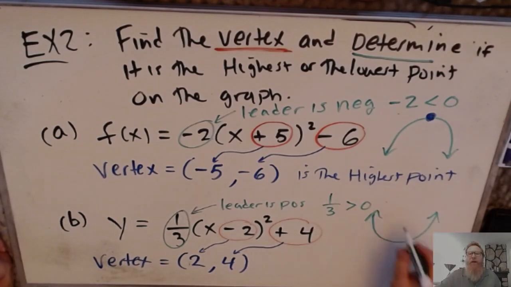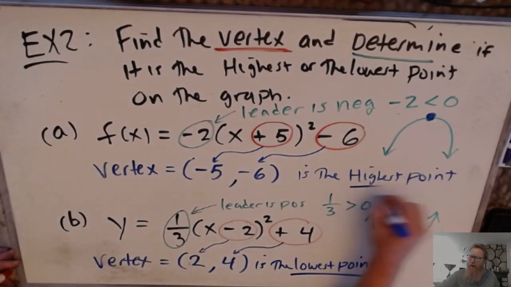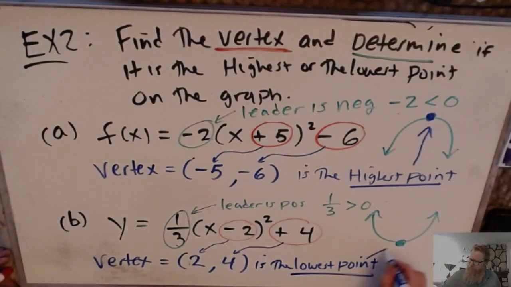So that means the graph opens up. So the vertex is the lowest point on the graph. And again, if you think about this coordinate, (2, 4), that means the y value is at 4. The entire graph is above 4. You won't have any points that are lower than 4.